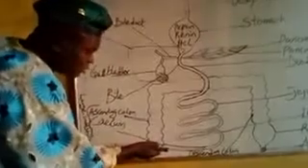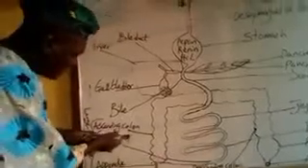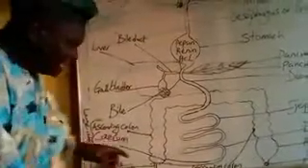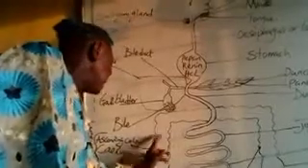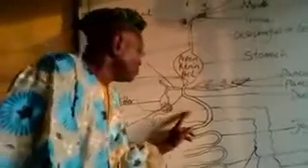Before it moves from this region, the area where we have the caecum, the undigested food has already absorbed water. Then it goes like this. It passes through the ascending colon, passes like this, down to where we have the descending colon.